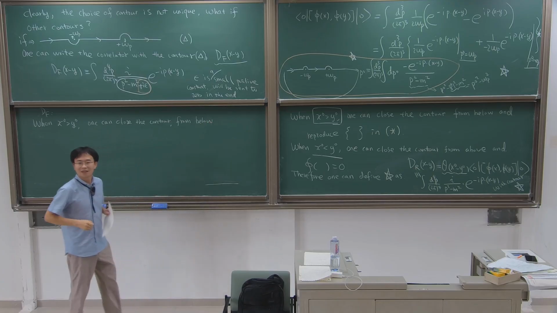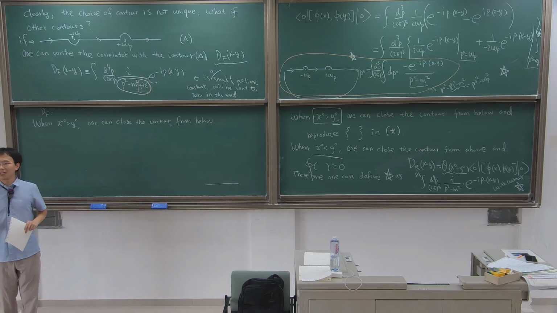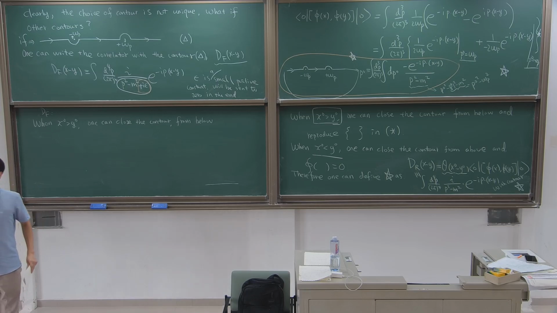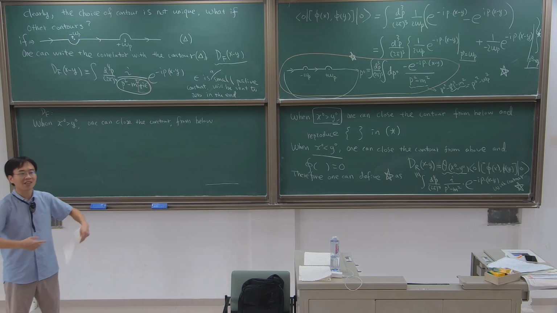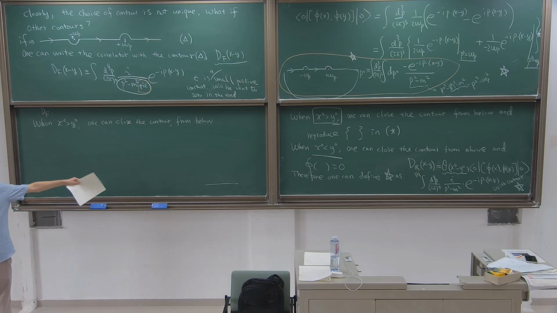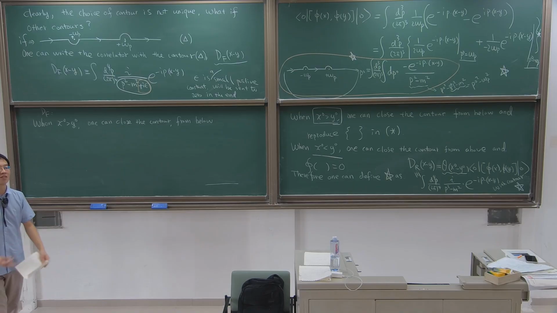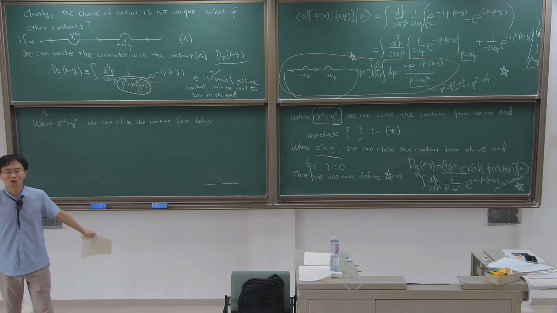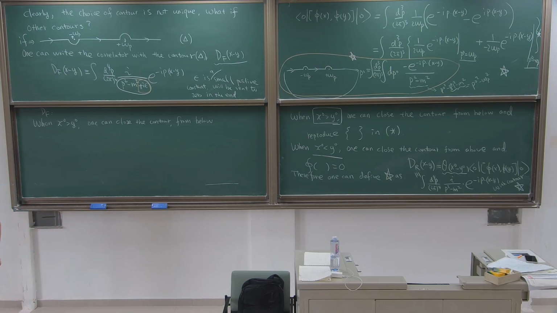right? Again, the main reason why this argument is true is that when you integrate the function, it better decay in the boundary regime. Otherwise, the function blows up, or the integral doesn't make sense. Okay? Not use the residue theorem. Better to decay.